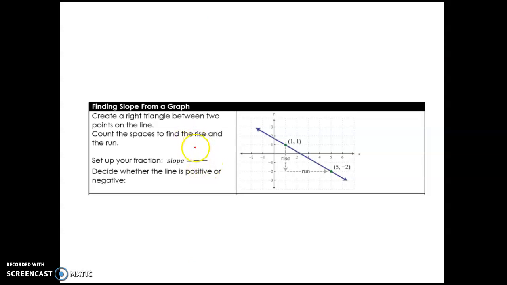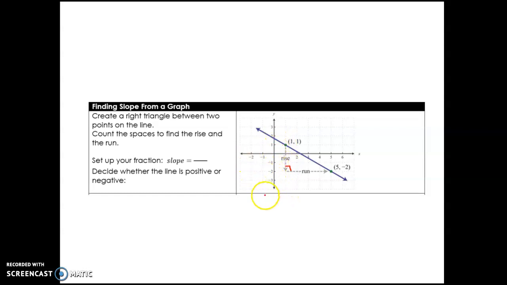Okay, when we are finding slope from a graph, we are going to use what we call a slope triangle. We're going to find 2 points on the line. So here is (1, 1) and (5, negative 2). And we're going to make a slope triangle from point to point. It's going to be a right triangle.